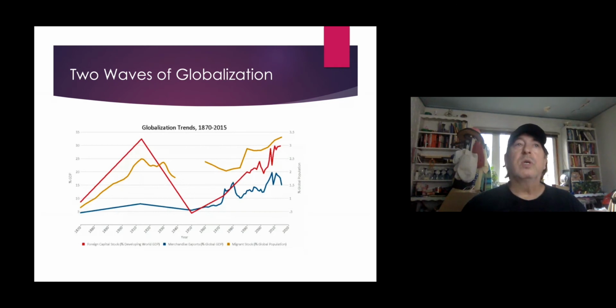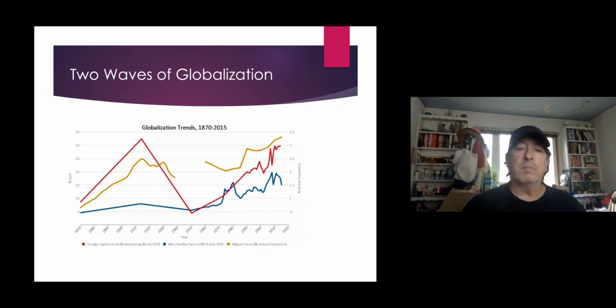After World War II, the United States began to rebuild the basis for a global international economy. And you see here the fruits of that investment: the red line begins a dramatic increase.